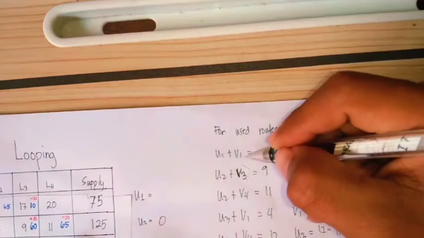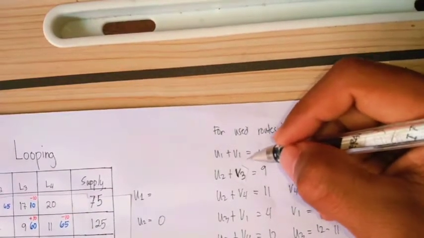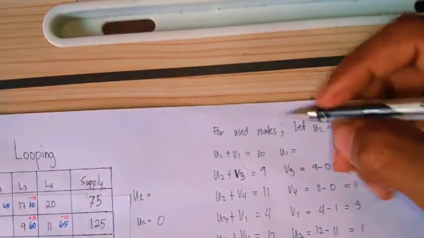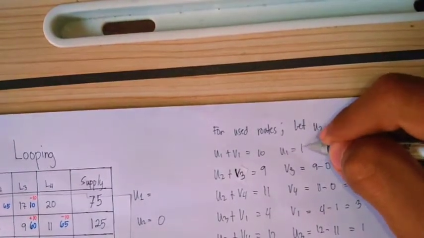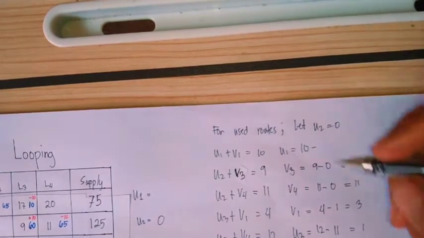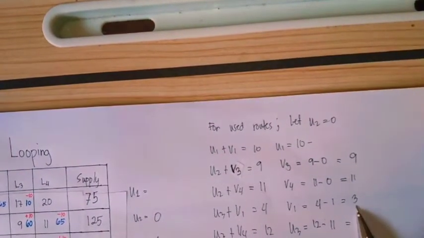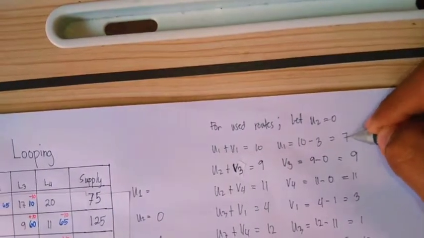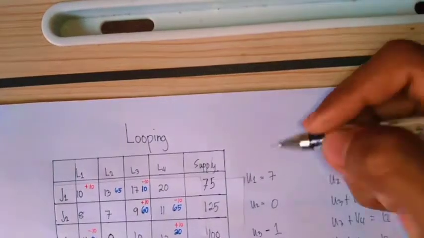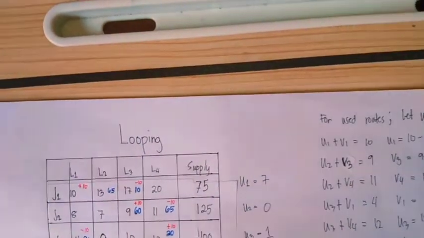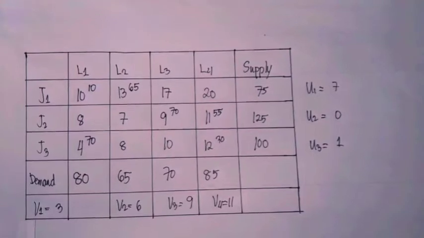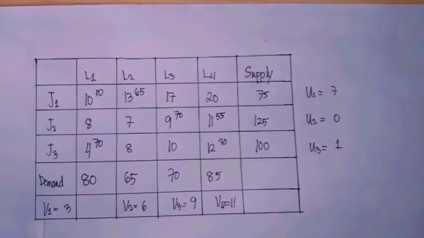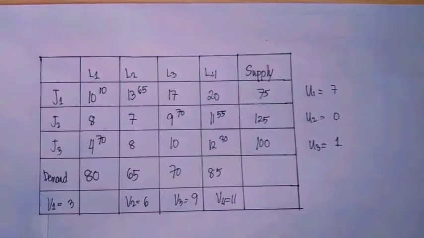We will go back here. So we have now the value, so we get our U1 equal to our V1: 10 minus 3, which is equal to 7. Our U1 is 7.